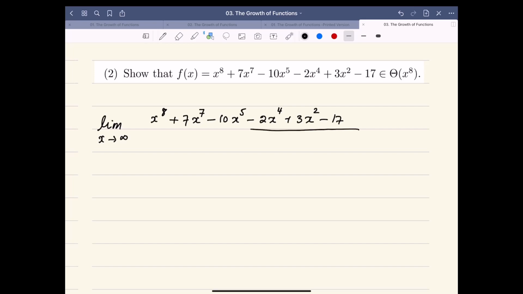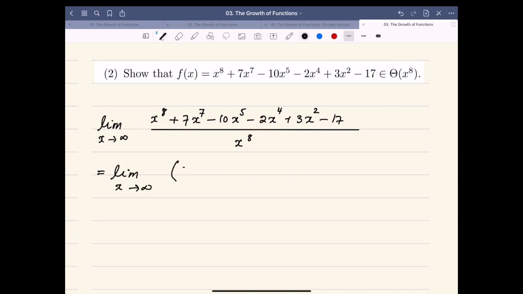We divide the polynomial by x raised to power 8. Now divide every term of the polynomial by x raised to power 8. That means we can divide each of these over x raised to power 8. So the answer will be equal to the limit as x goes to infinity.